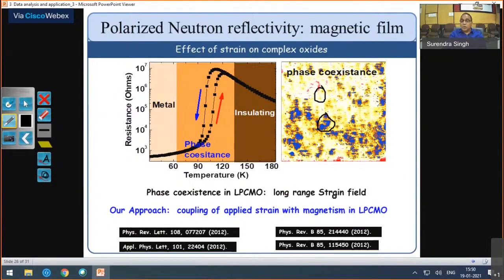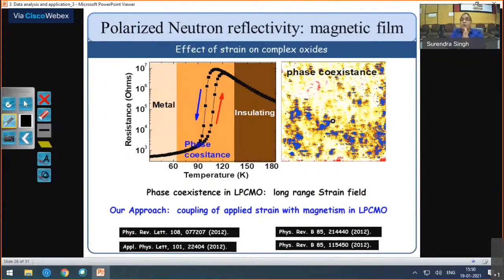So what is the reason for this? Why do we get this phase coexistence in this system? There is a theory that there is a strain field. If you apply the strain, that strain field gives rise to the percolation growth of one particular phase when you decrease the temperature.